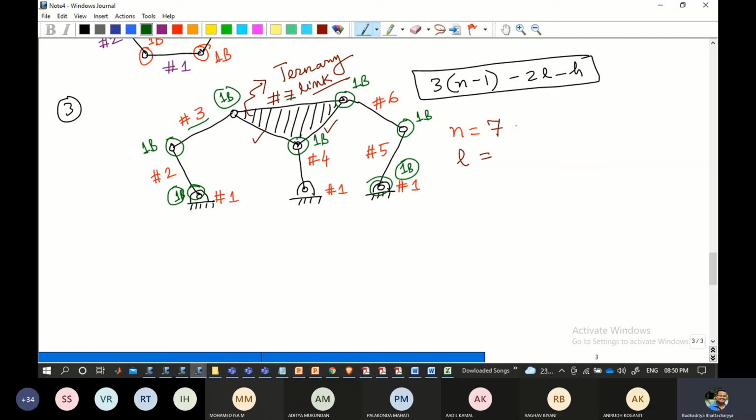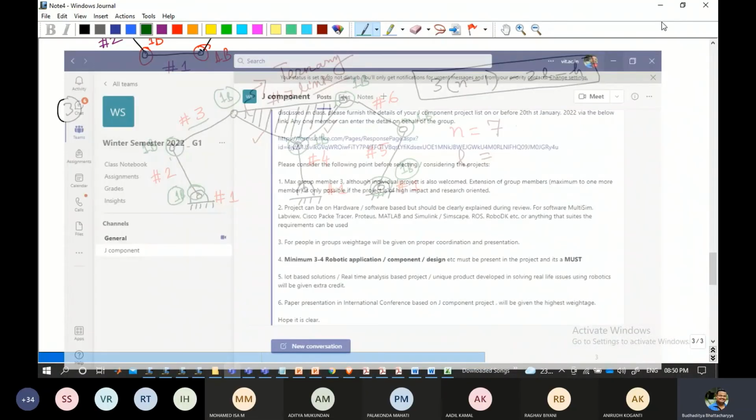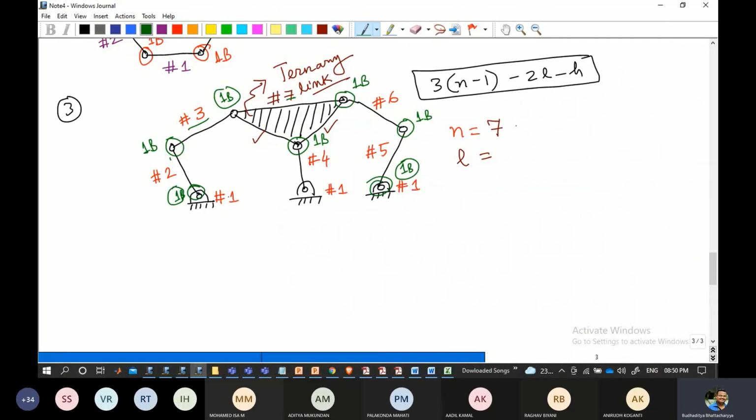I'll go slowly again. Each and every link, as per our rule, all the 2 links should be connected by a single link, that is called a binary link. Here you can observe that 1, the ground, the fixed one, and the second one is connected by this link. 2 and 3 is connected by this link. 3 and 7, 7 means this whole structure is one link connected by one binary link.